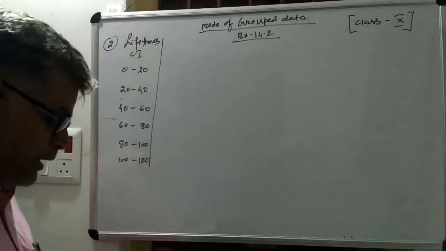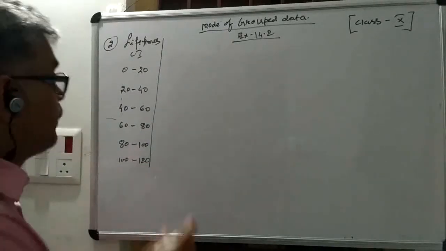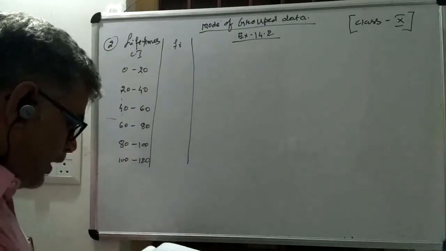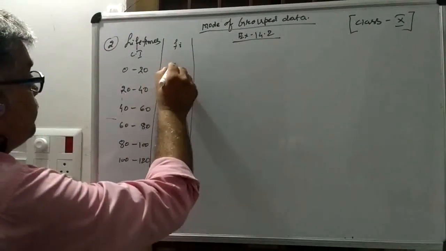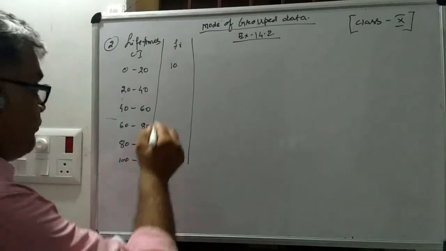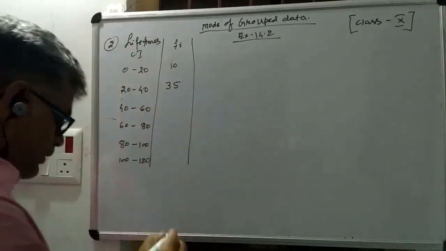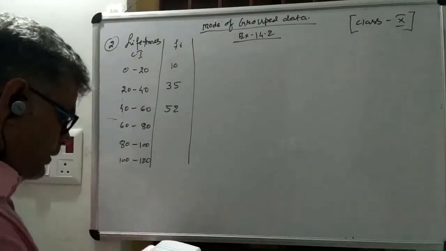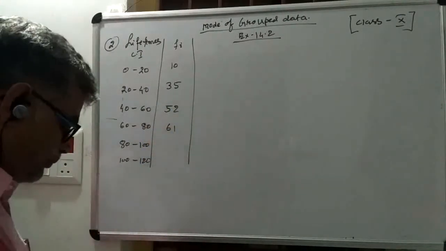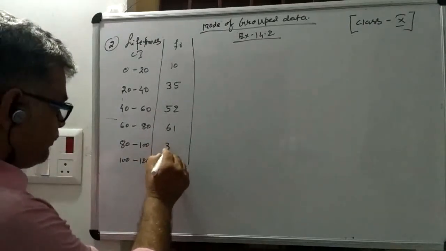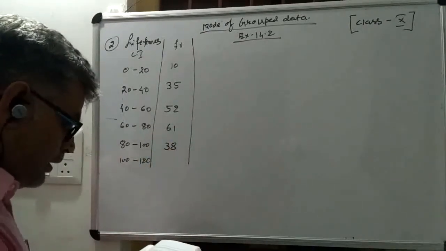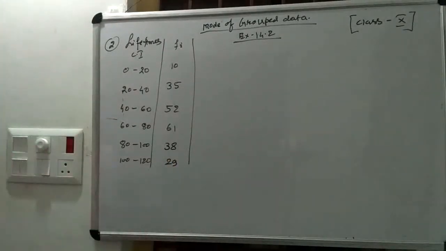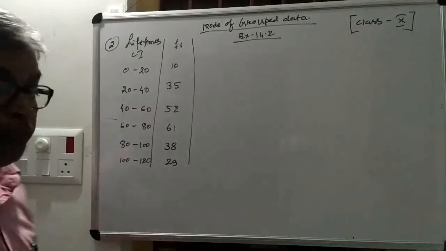This is the lifetime, and their frequency, that is fi, is 10, 35, 52, 61, 38, and 29. Now you have to find the modal lifetime of the electric components.